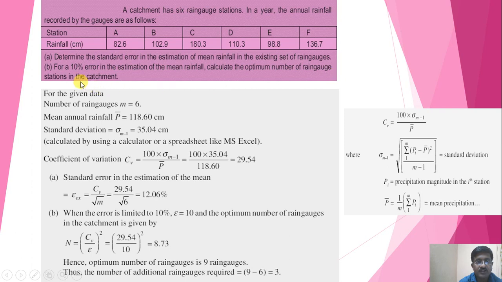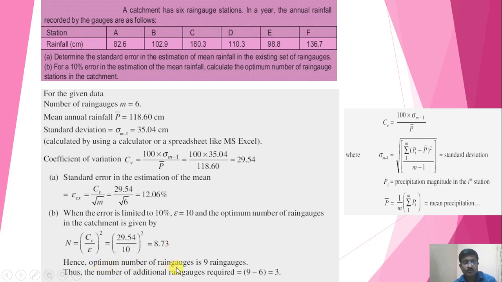The second question is, for a 10% error in the estimation of the mean rainfall, calculate the optimum number of rain gauge stations in the catchment. When the error is limited to 10%, E is equal to 10, and the optimum number of rain gauges in the catchment is given by the formula N equal to (CV divided by E) squared, that is 29.54 divided by 10, squared, which is equal to 8.73.